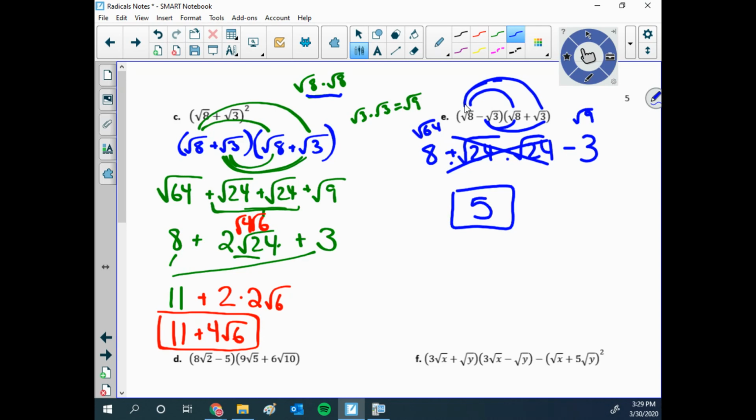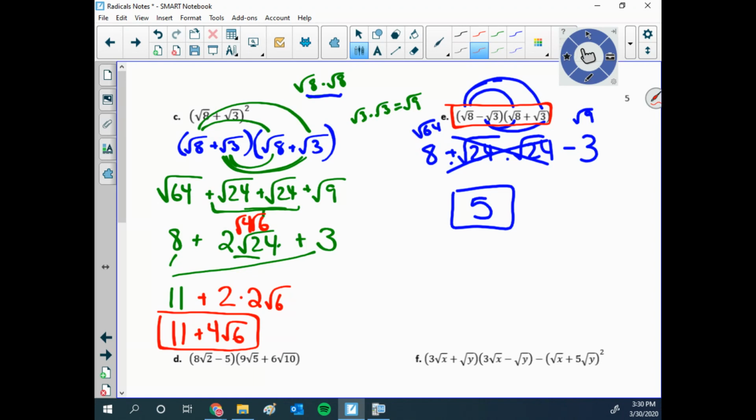Now, if you notice what this question is, if you remember factoring, that is what we would call a difference of squares, or conjugate terms.